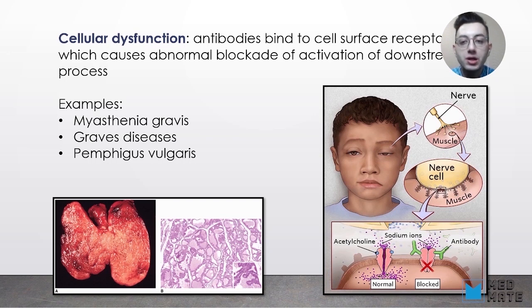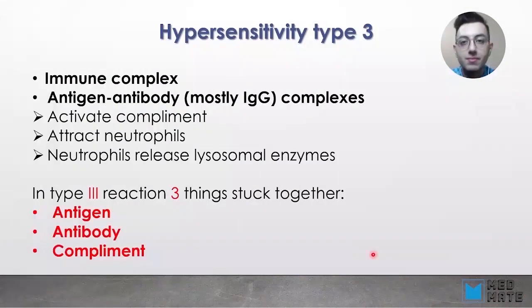I know it sounds a little difficult, but let's imagine conditions like myasthenia gravis, where antibodies are formed against the acetylcholine receptors, leading to the symptoms these patients present with. Also Graves' disease, where antibodies are formed against the thyroid tissue. And the last example is pemphigus vulgaris.